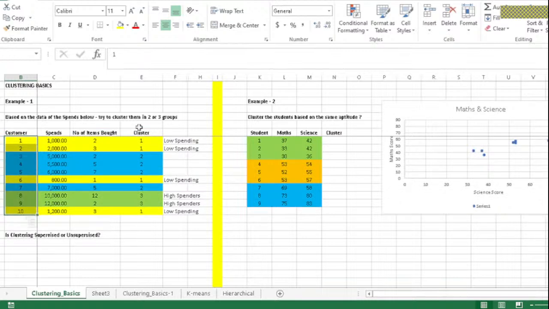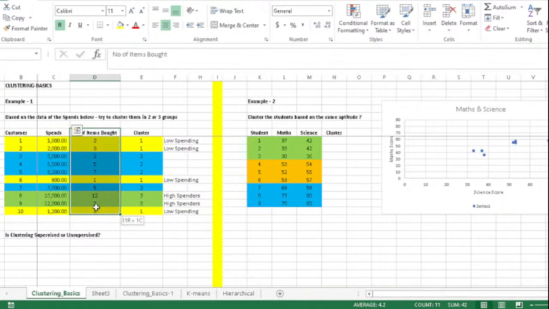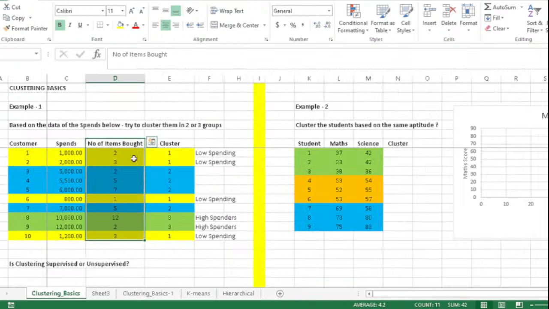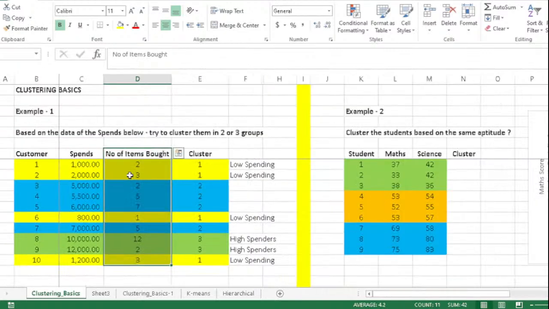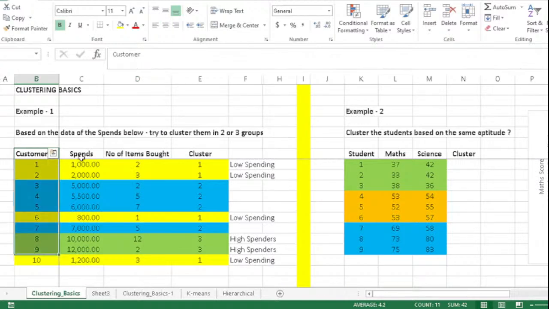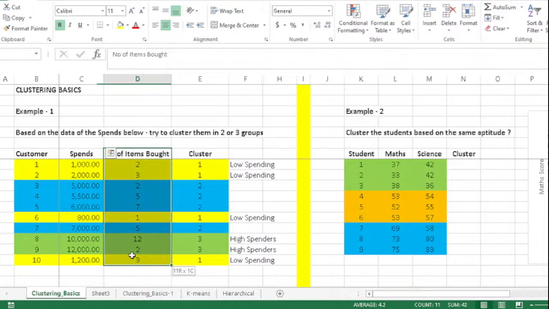Based on the data of spend, these are the 10 customers, these are the spends they have done on a website, and these are the number of items they have bought. You can take a closer look at it.